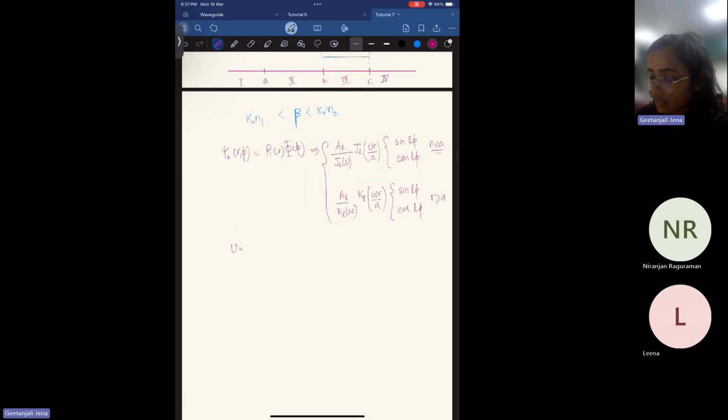And U is the square root of k0 squared n1 squared minus beta squared, and W is the square root of beta squared minus k0 squared n2 squared.